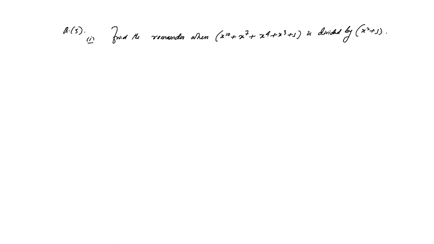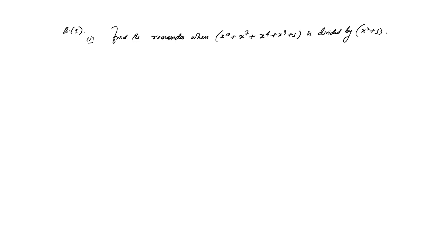Question number 5. Find the remainder when x to the power 10 plus x to the power 7 plus x to the power 4 plus x cube plus 1 is divided by x square plus 1.